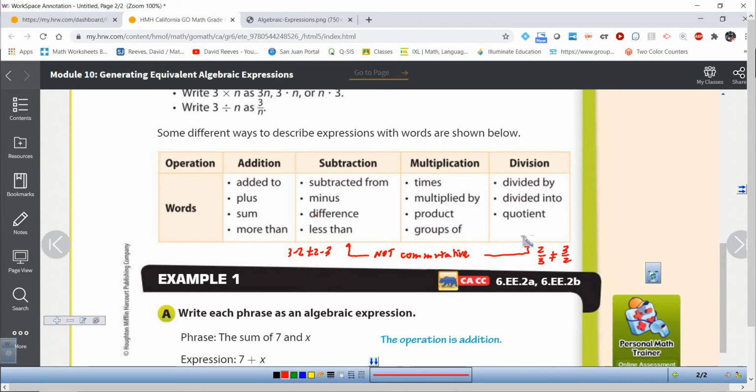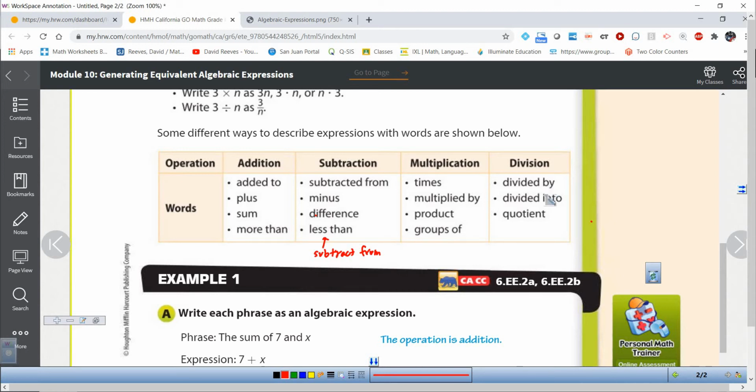So when you're writing an expression with subtraction, you must be very careful of the order. So when you see less than, that means subtract from, right? It doesn't mean subtract directly. It means subtract from. That's important. And with division, you need to be careful.